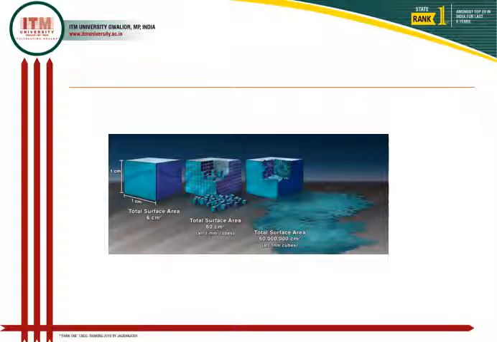This is again shown in this figure. The 1 by 1 centimeter cube is first reduced to 1 mm by 1 mm, and then to 1 nm, and all the time the reduction in size results in an increase in total surface area from 6 to 60 and 60 to 60 millions.